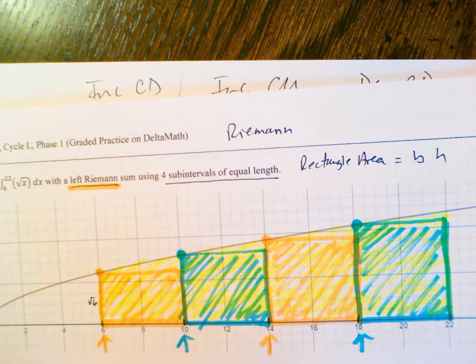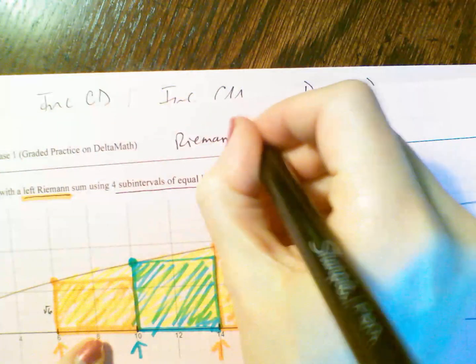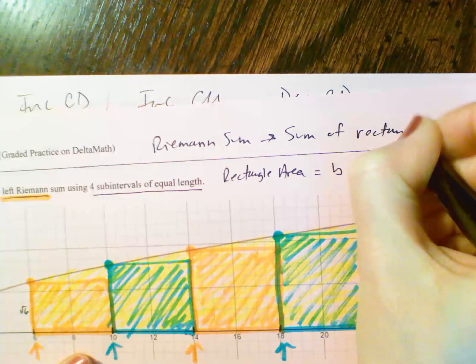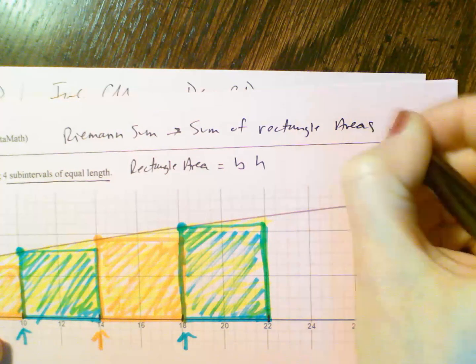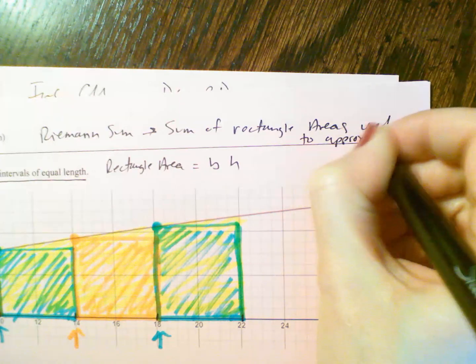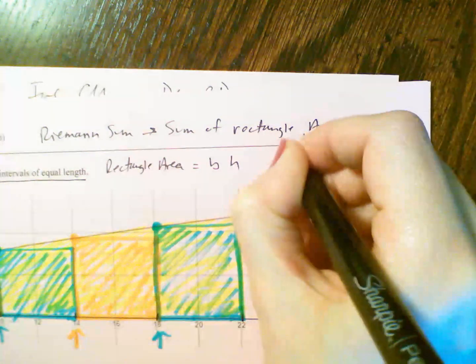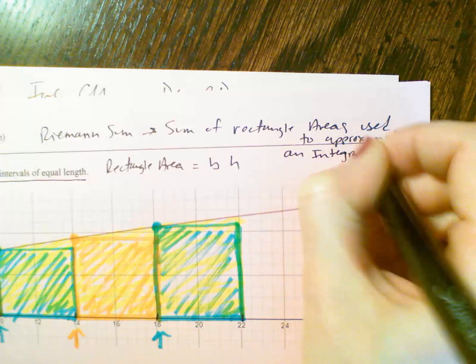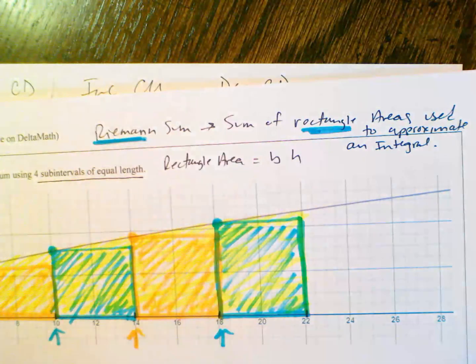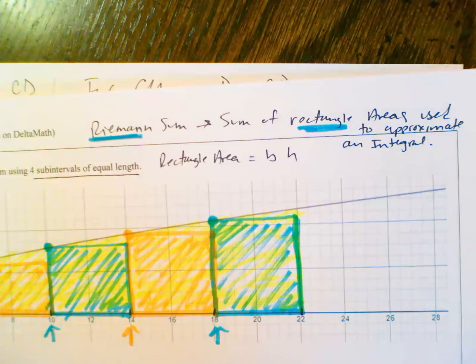But this guy Riemann is the one who's famous for using a sum of rectangle areas to approximate an integral. Riemann, think rectangle. So a Riemann sum is a sum of rectangle areas used to approximate an integral.